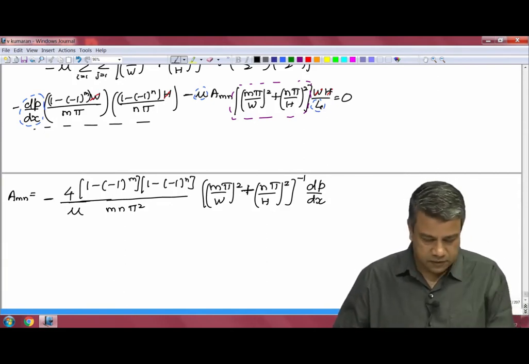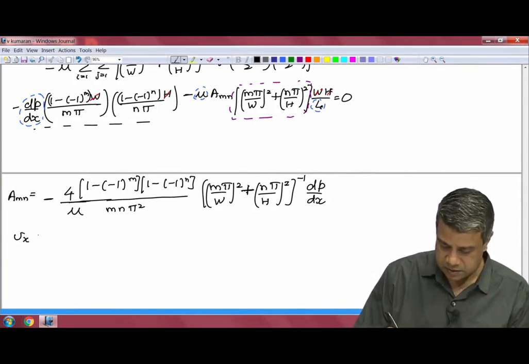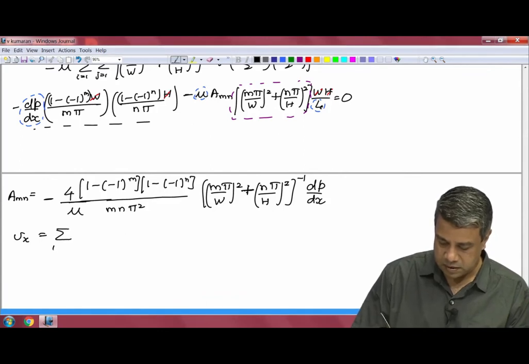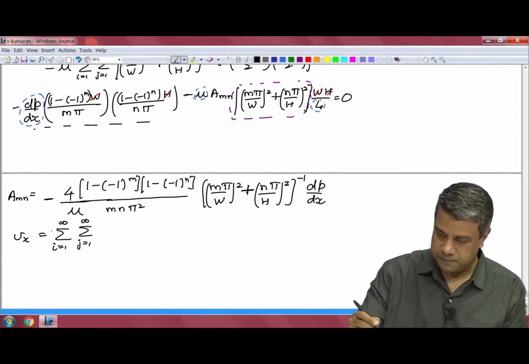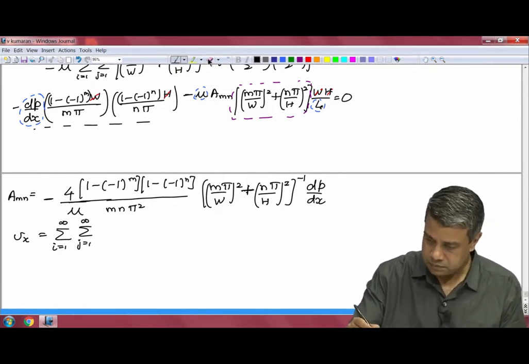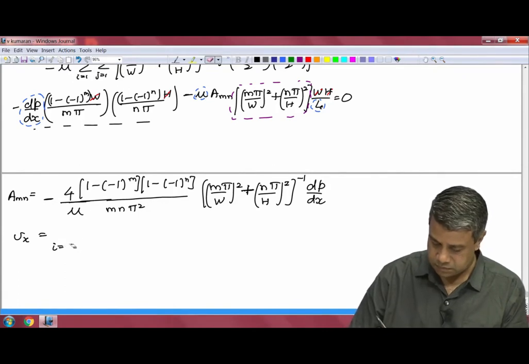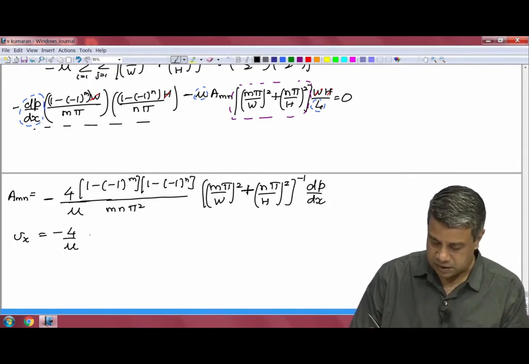So, therefore, the velocity V x is equal to summation i is equal to 1 to infinity, summation j is equal to 1 to infinity. Let me take the coefficients outside.